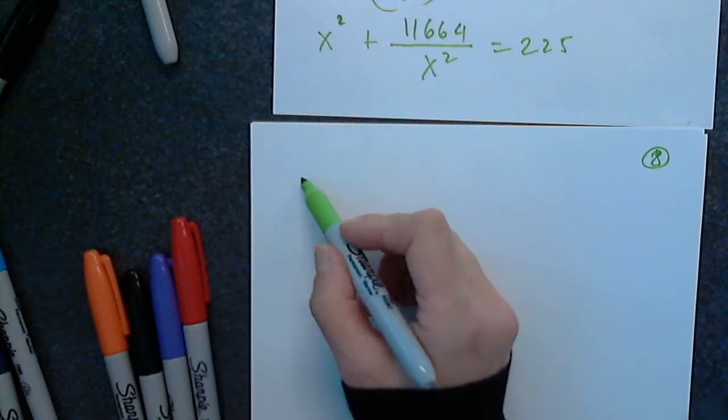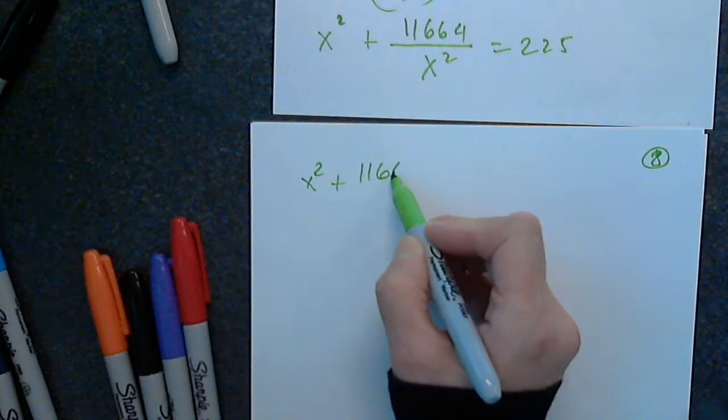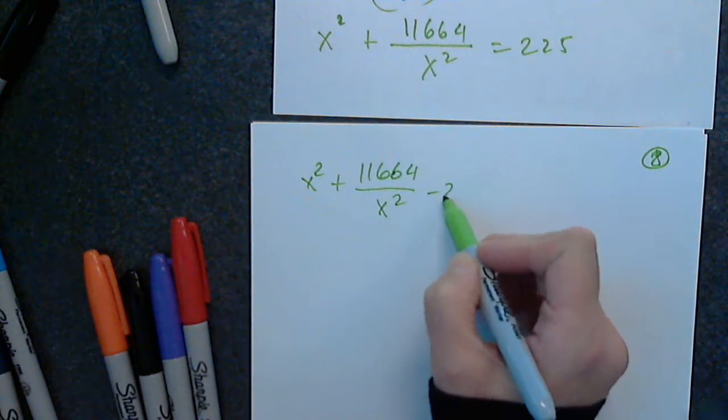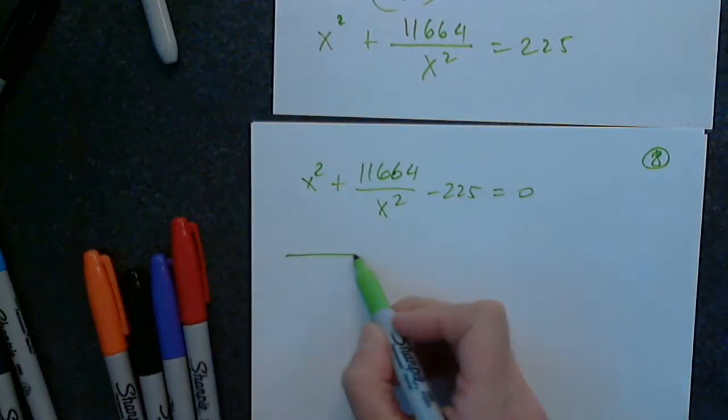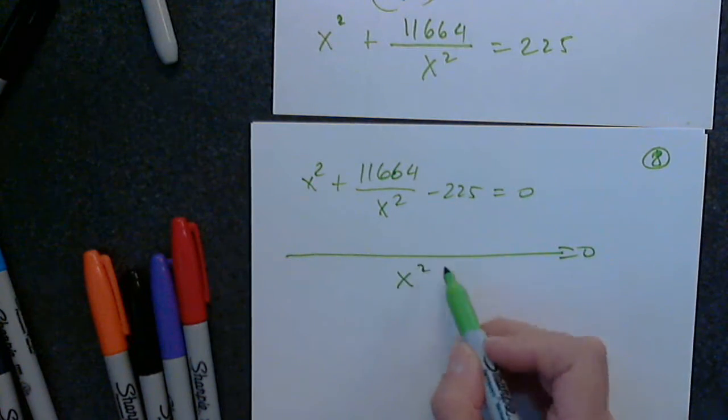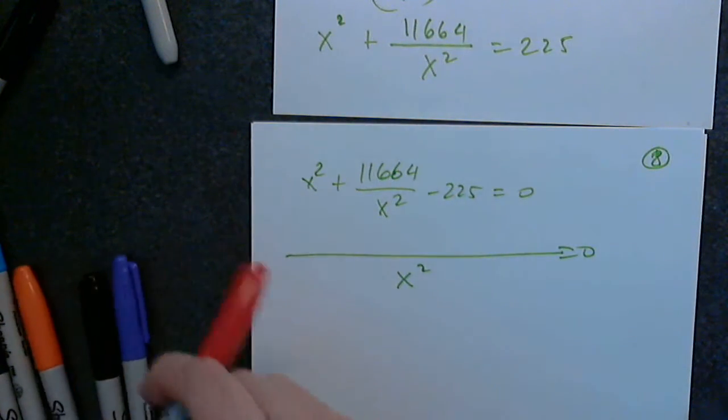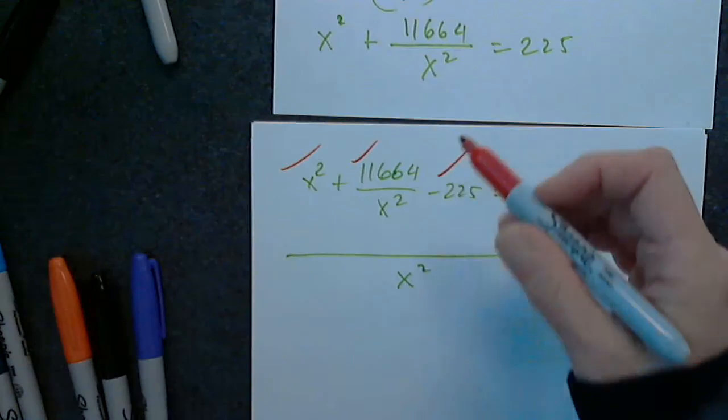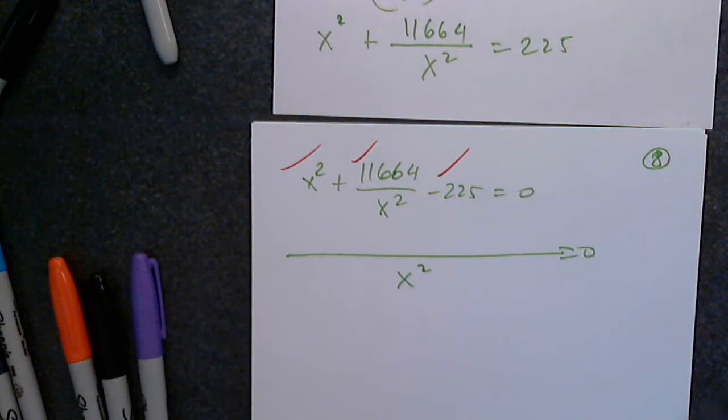So we have x squared plus 11664 divided by x squared minus 225 equals 0. Like before, we have to find the LCD, and we have to find adjustments. We cannot just simply add or subtract. We have to look at the necessary situation here.